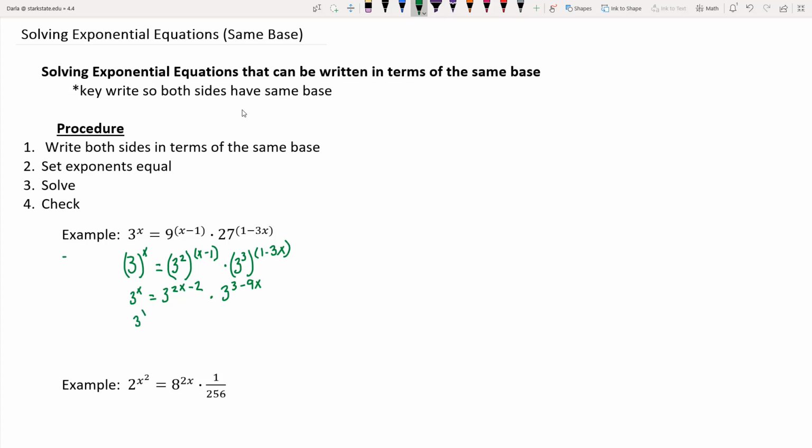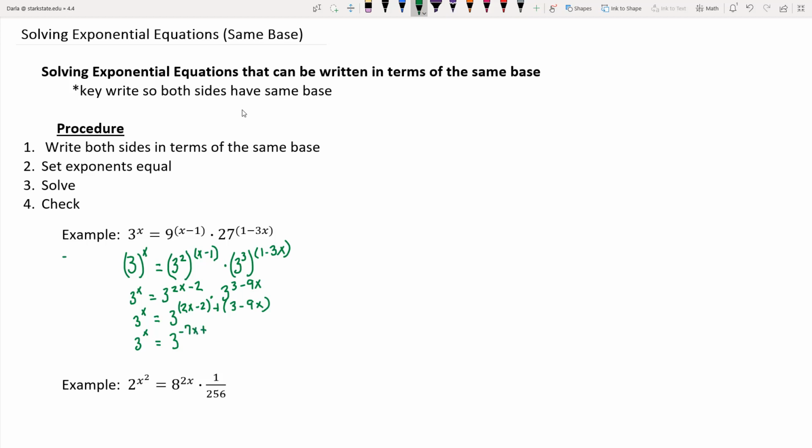Then when you multiply like bases, you keep the base and you add the exponents. So I need to take that 2x minus 2 and add that to 3 minus 9x. Combining like terms in those powers, we get 3 to the -7x plus 1.